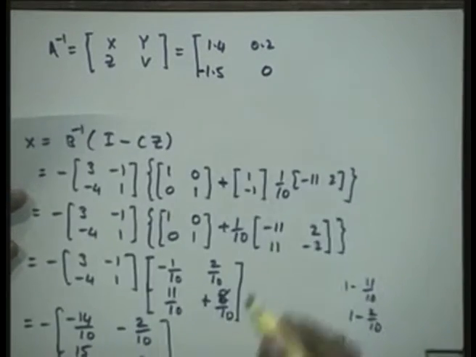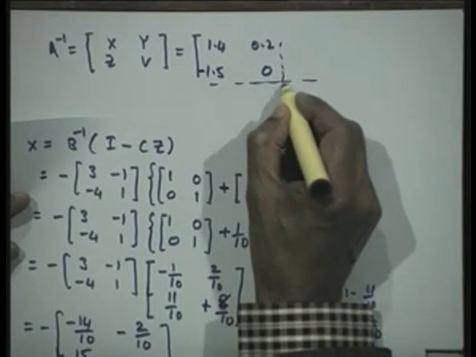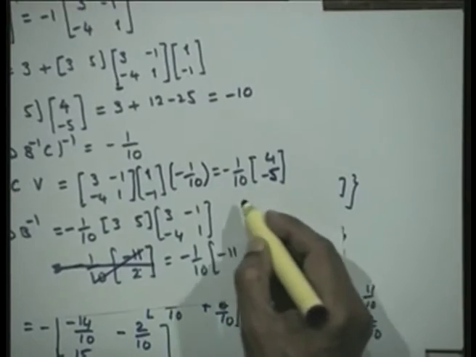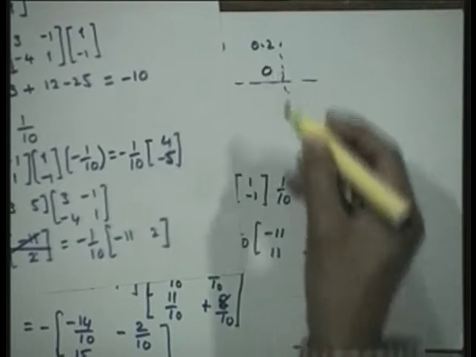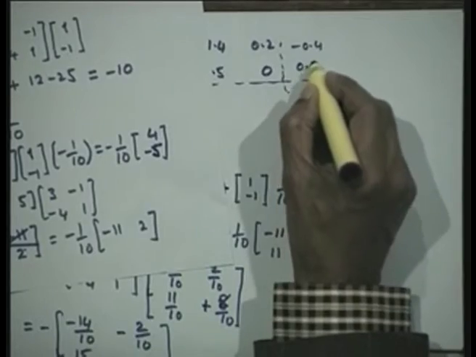So, I will have this as 1.50, and this was the partition that we had got here, and y is here, that is minus 1 by 10 into 4 by 5, therefore, this will give you minus 0.4 and this is plus 0.5.